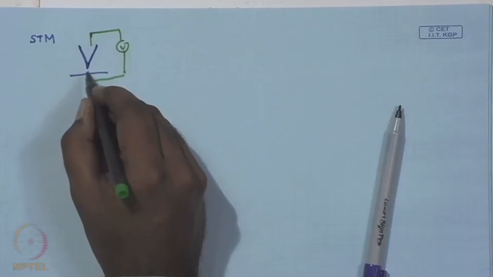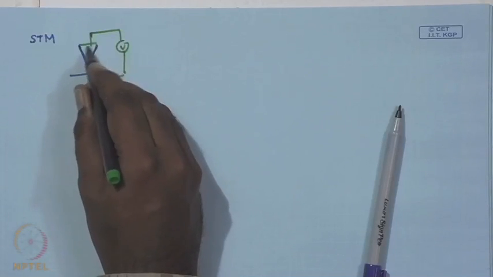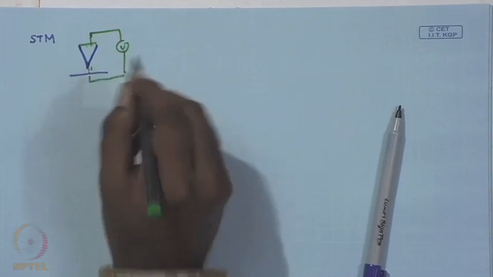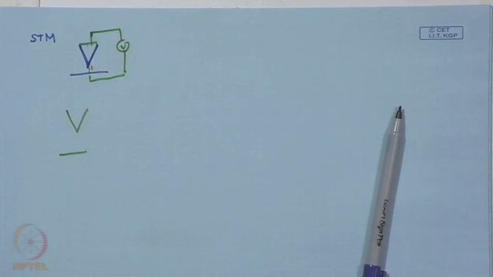Though there might not be direct contact between the two, you still can have a flow of electrons between these two surfaces.